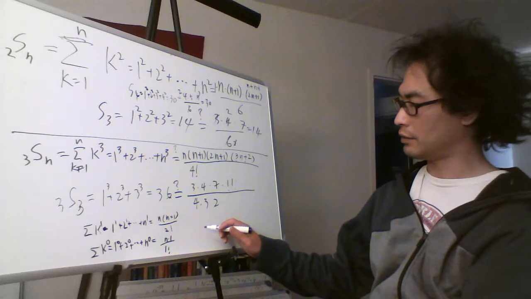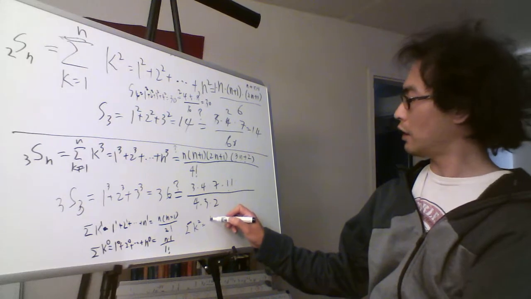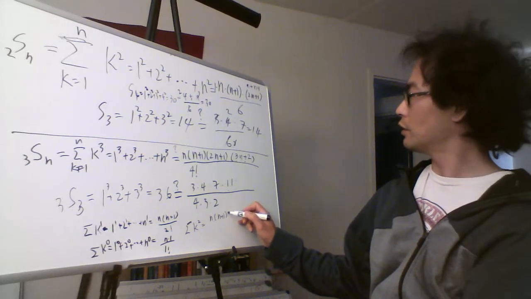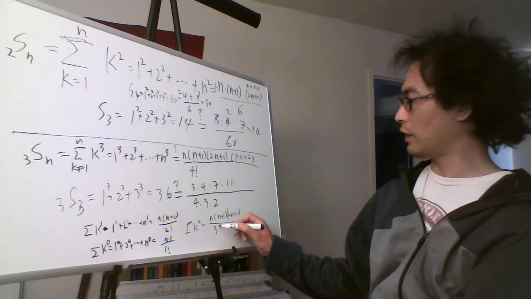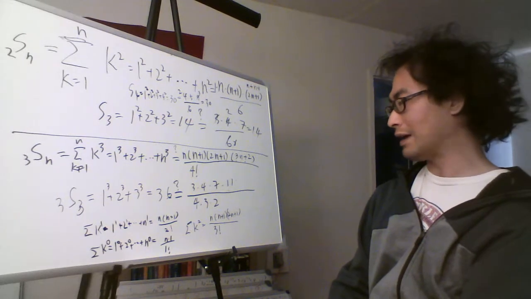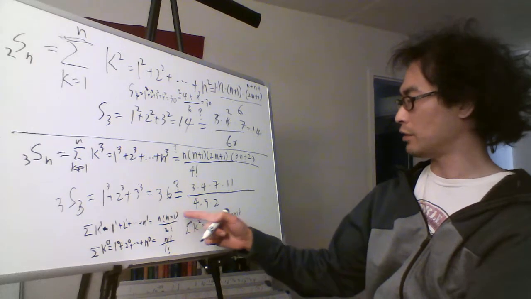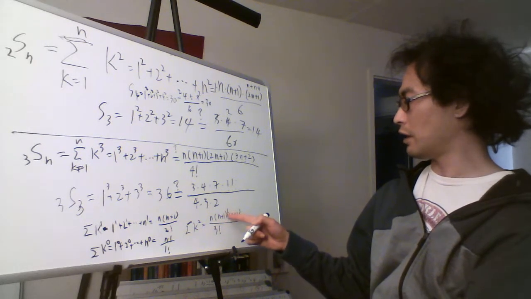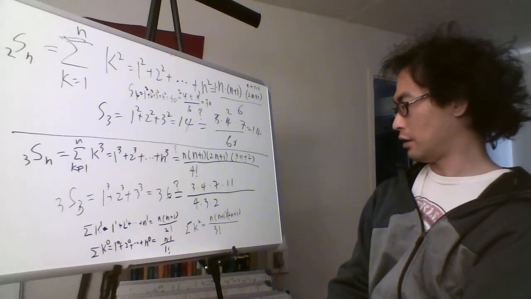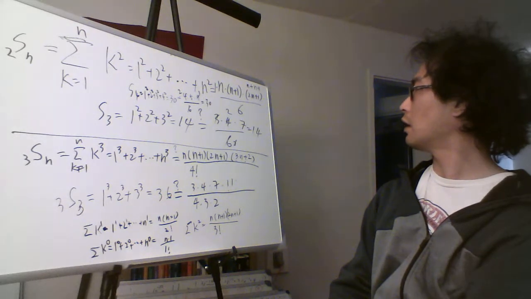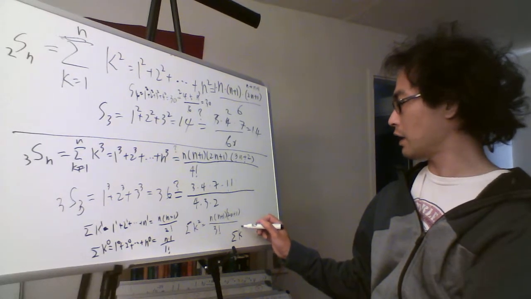So, you have sigma k squared is equal to n times n plus 1 times 2n plus 1 over 3 factorial. Okay, so we have to find out a pattern. So you have n times n plus 1, n times n plus n times 2n plus 1. That's not easy. We are trying to find how about sigma of k cube.